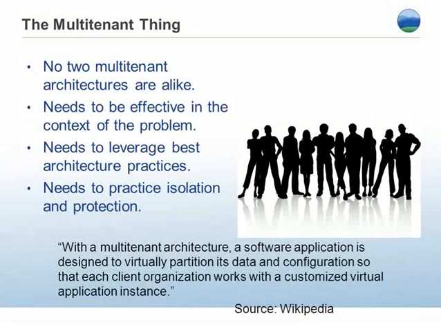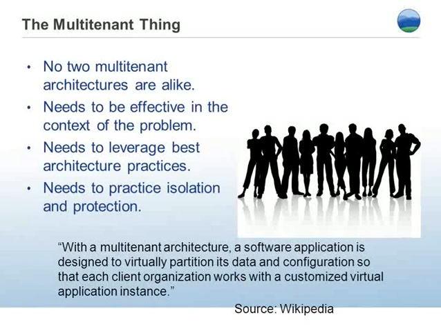So the multi-tenant thing. No two multi-tenant architectures are alike. I can tell you that from experience. I built a few of those in my career. You need to be effective in the context of the problem, what you're looking to do. In other words, what kind of services you're providing. Are they storage services, compute services, information production, consumption, database services, those sorts of things.